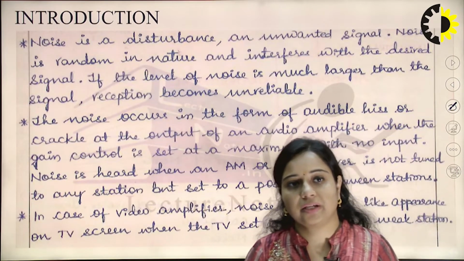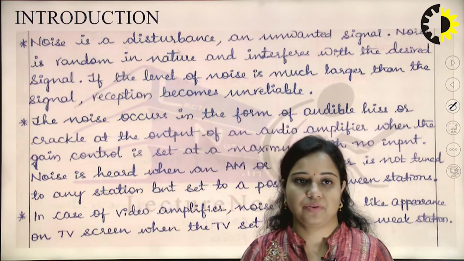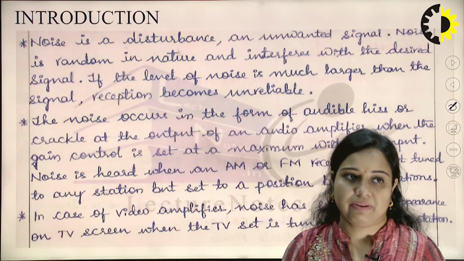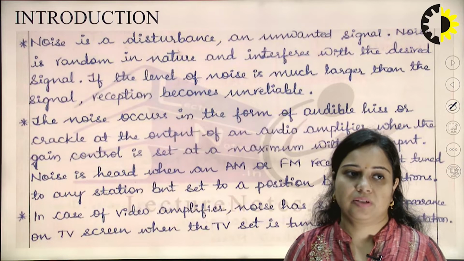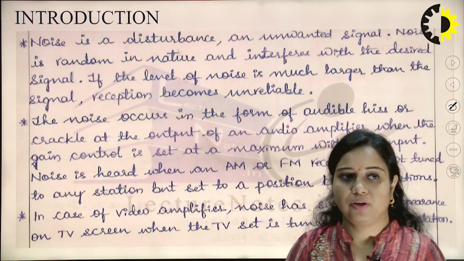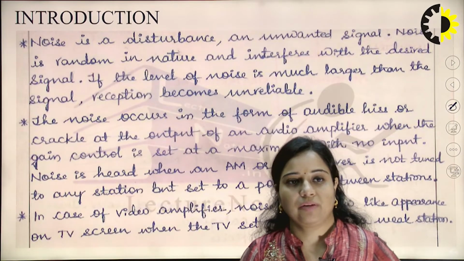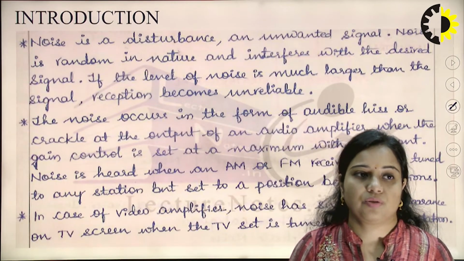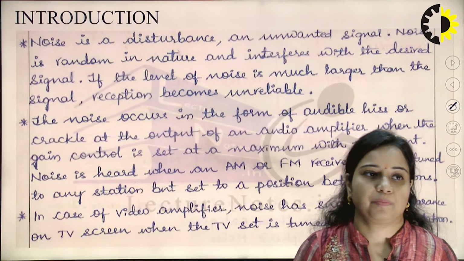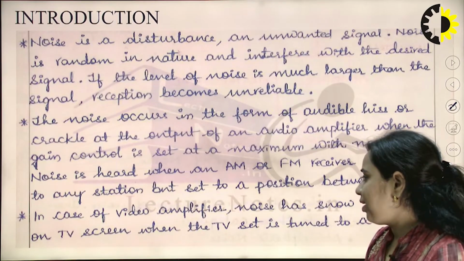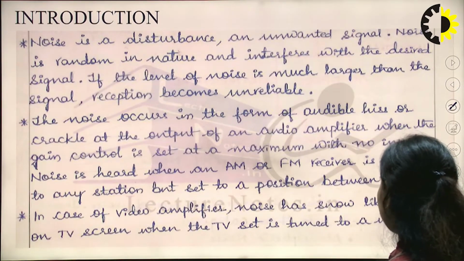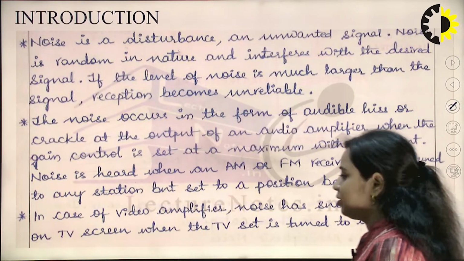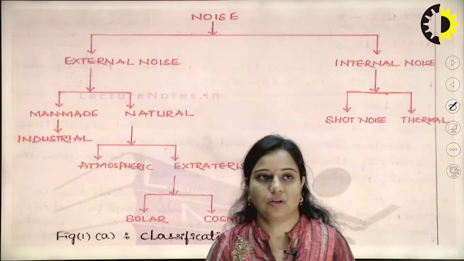In a discrete signal, bits can change at the receiver side. Let us say I transmitted 8 bits and received 8 bits, but 1 or 2 bits have changed value, from 0 to 1 or from 1 to 0. That is the effect of noise. In the case of a video amplifier, noise has a snow-like appearance on the TV screen when the TV set is tuned to a weak station. So, that is the concept of noise.